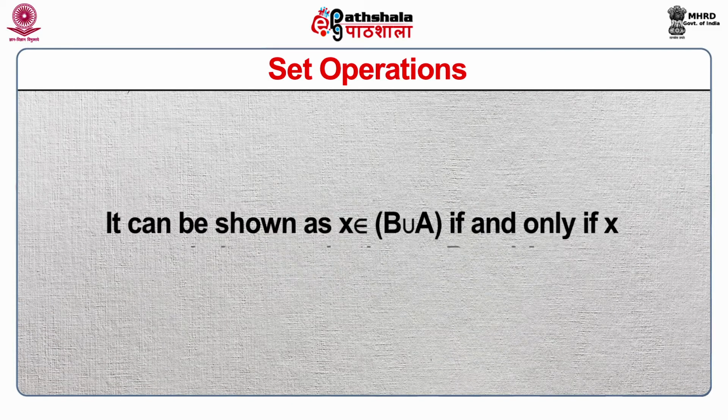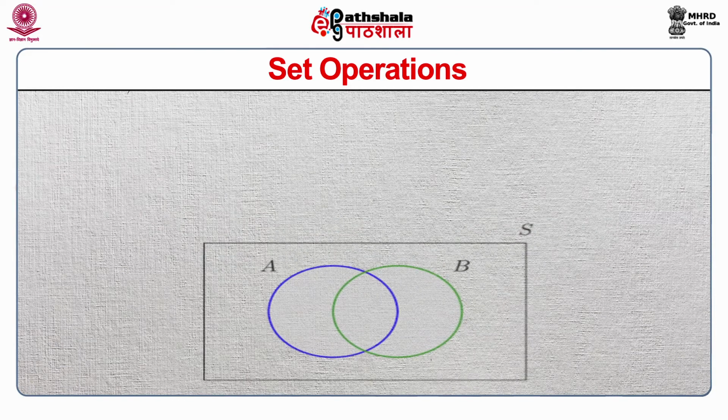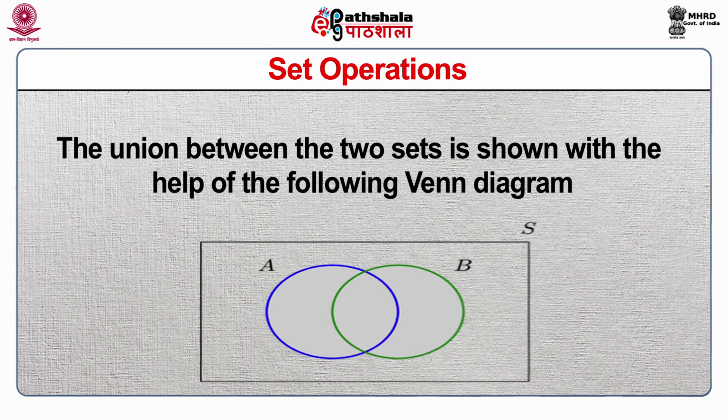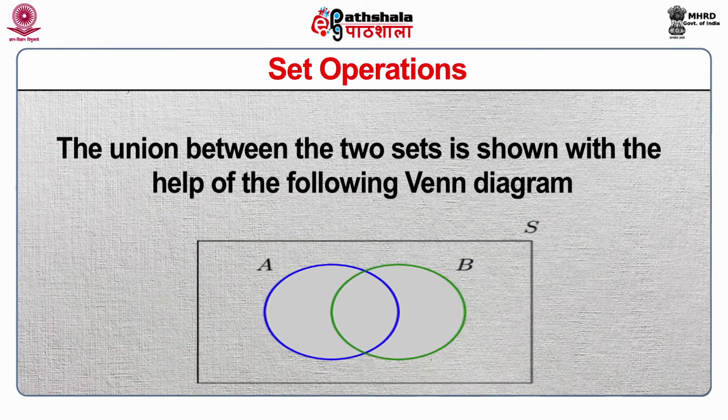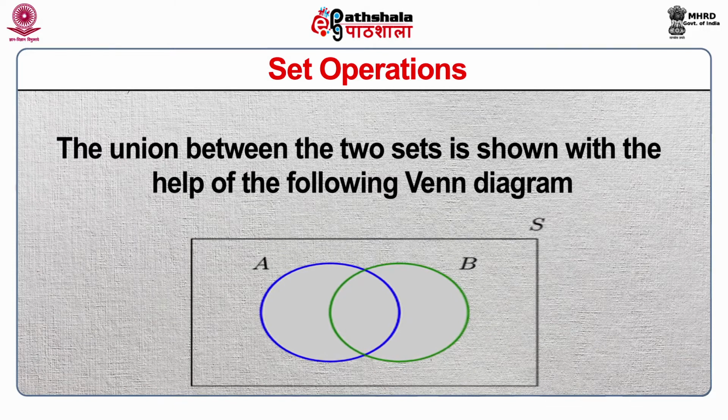Thus, it can be shown as X belongs to the union of sets A and B if and only if X belongs to A or B. The union between the two sets is shown with the help of the following Venn diagram. Here, the shaded area shows the set B union A.